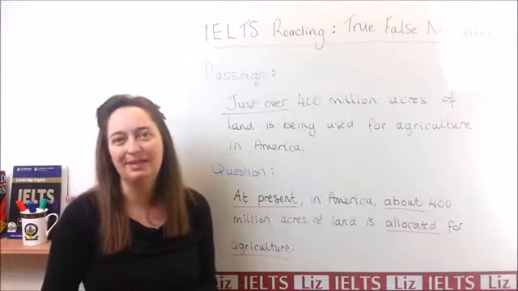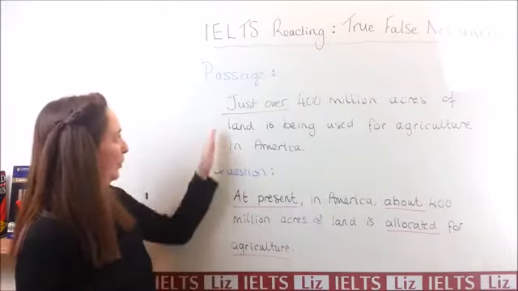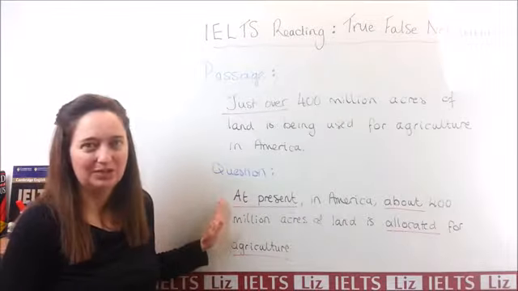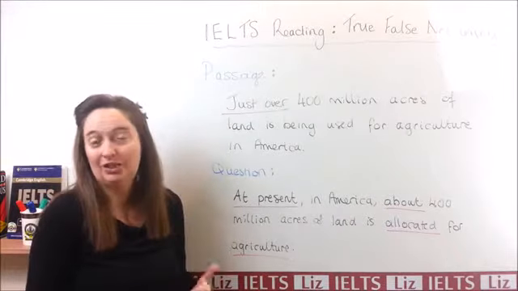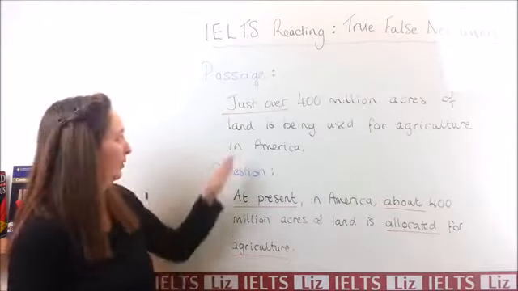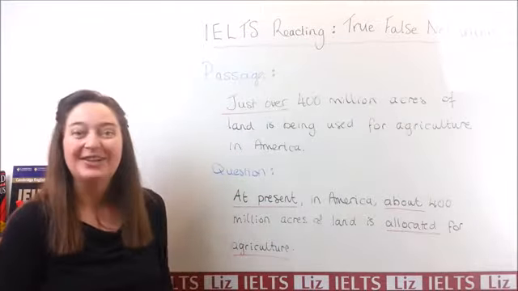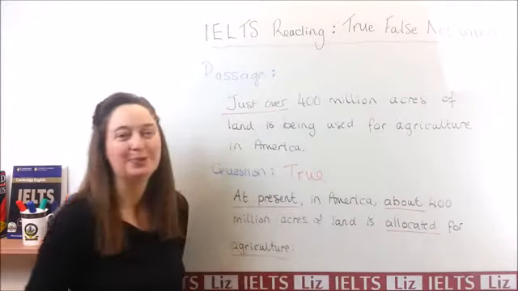That's the opposite meaning. So now we take a look more carefully and we can see actually that information does match. Because about has the same meaning. Just over, just under. And here we've got a match. Just over 400 million acres. So the answer for this one is true.